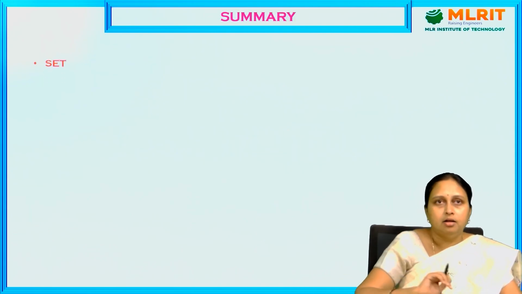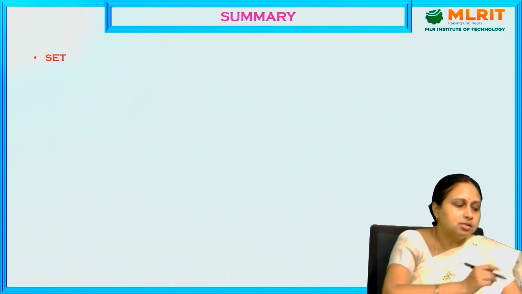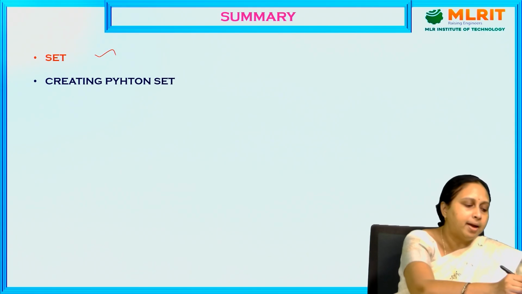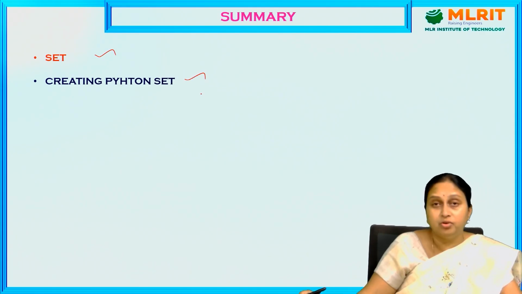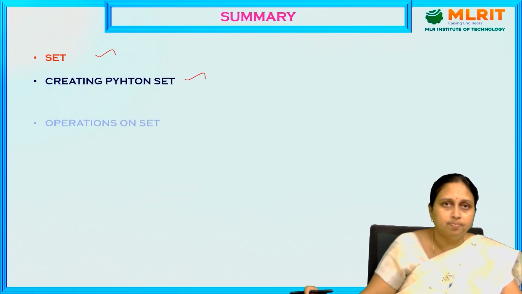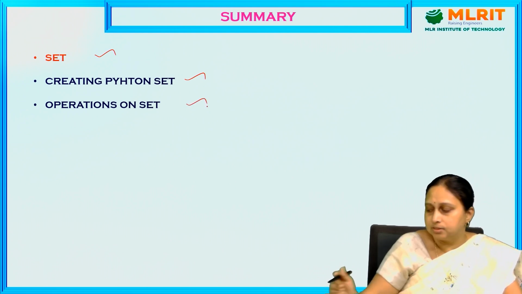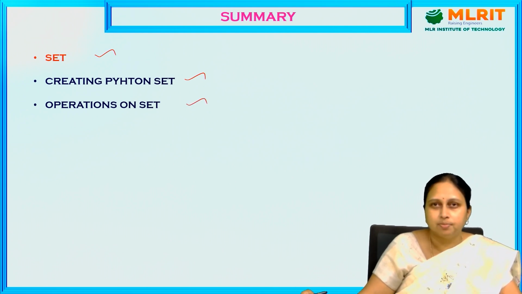And in this session, we have discussed what a set is, creating a Python set, and how we have created a set and all those things. And what are the different operations we have performed on sets. These things we have discussed.